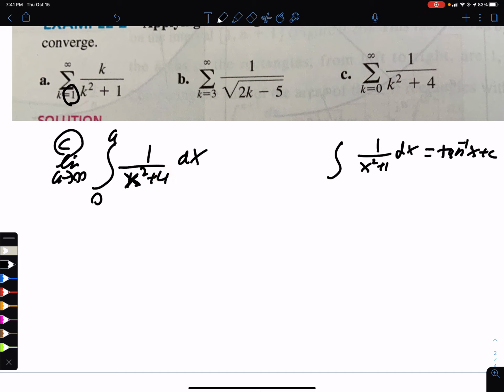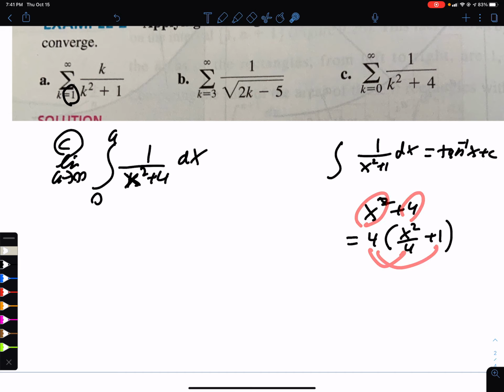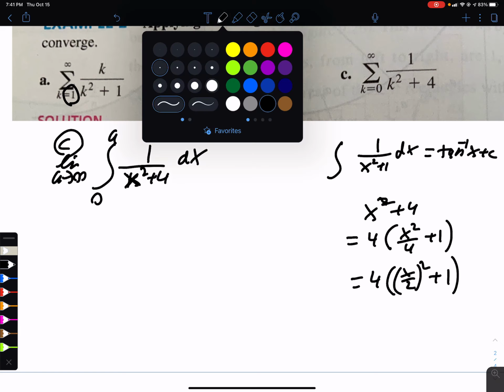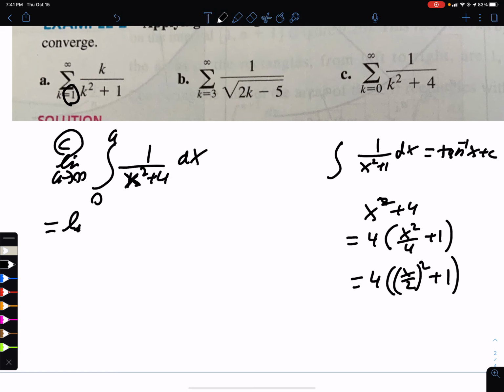So as some side work, I'm going to rewrite this by taking a 4 out. That gives me 4 times (x squared over 4 plus 1). If you don't believe me, distribute that and you do get that. Then I can rewrite this as 4 times ((x over 2) squared plus 1). And so I'm going to replace and rewrite this original with all that.